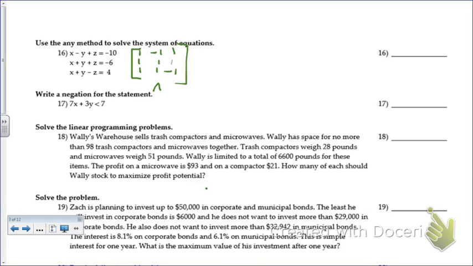And so if you remember, that would be A, okay? And then times our variables, x, y, and z. And that equals, and whatever the equations equal, that's going to make what's B. And that's negative 10, negative 6, and 4.